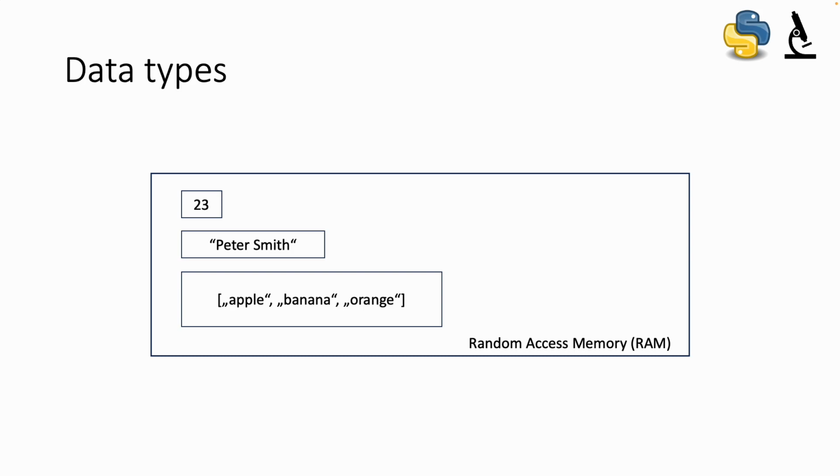For example, for 23, or for the Boolean type, you don't need much space, but for complex data types, for example, for strings, which is a sequence of characters, Peter Smith, for example, you need more space. And this is very fundamental for us in the future, where we deal with much more complex data types named classes. Maybe you have heard of it, but this is a topic for a future video.